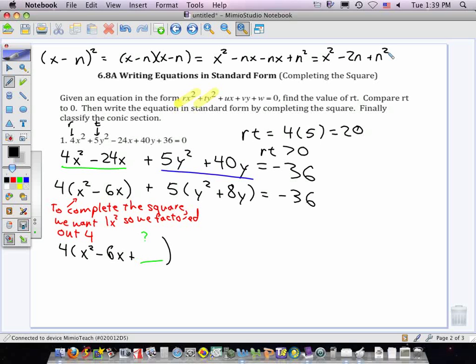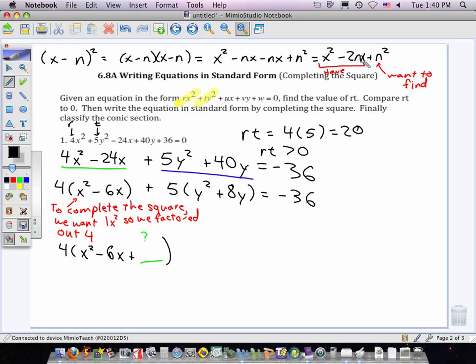So basically what you have is this first part. So we're trying to figure out what that square is. Oh, 2nx, yes.